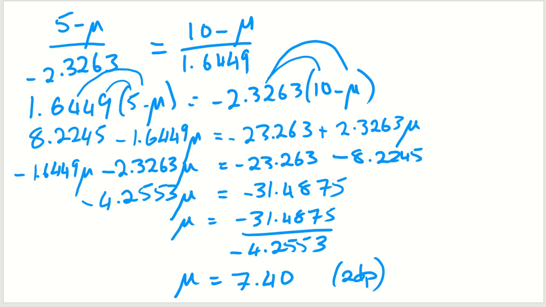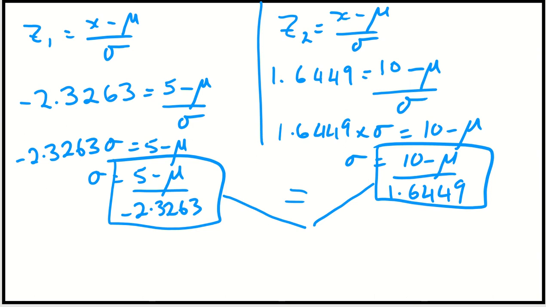Now remember, I needed to find the mean and the standard deviation. So now we need to think, how do we find the standard deviation? Well, if I go back to this previous slide, we had two formulae that equal the standard deviation. So I just need to choose one of those and substitute that mean back into this formula, and that will give me the standard deviation.